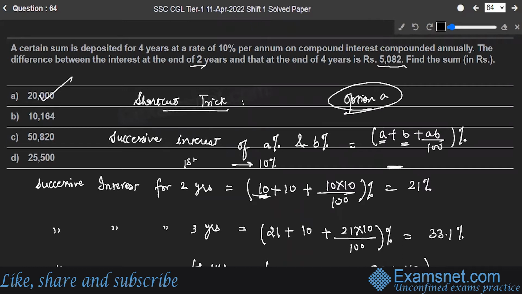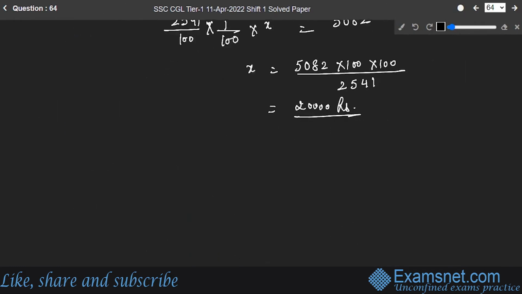See, for the successive years, the interest can easily be calculated using this formula. These types of shortcuts are really helpful for you in the exams, because they save a lot of time. Otherwise, if you are going with the direct method, like applying the compound interest formula, I hope you remember that the amount was given by principal into 1 plus r upon 100 raised to the power time, that is n.